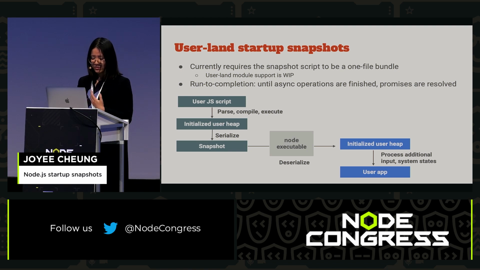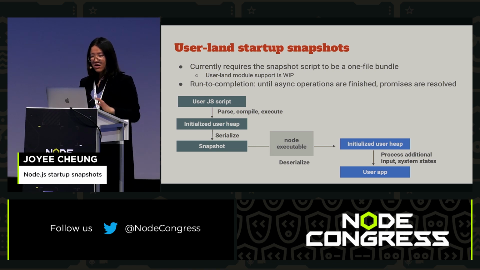So the general workflow is similar to the workflow for building the core snapshot. Node can take a user-provided script to do some essential initialization for the user application, and it can run that script to completion.